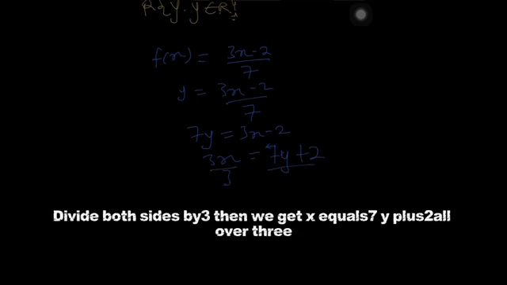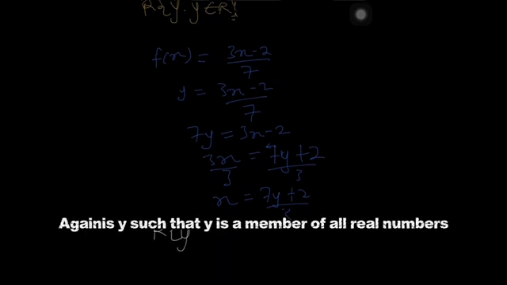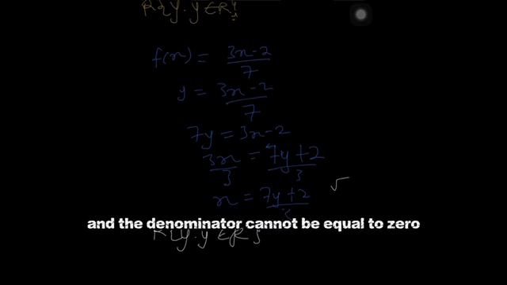Divide both sides by 3. Then we get x equals 7y plus 2 all over 3. From here, we can tell that the range, again, is y such that y is a member of all real numbers, since there is no radical sign and the denominator cannot be equal to 0.